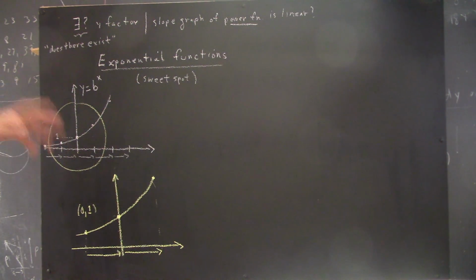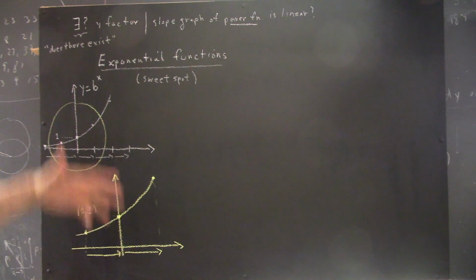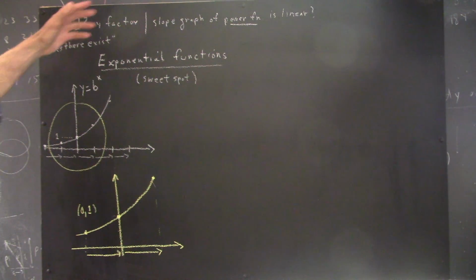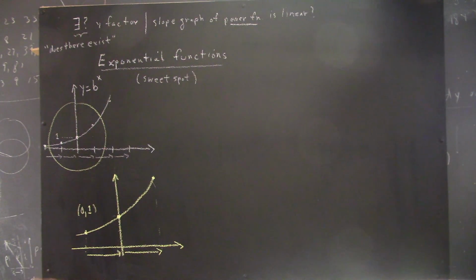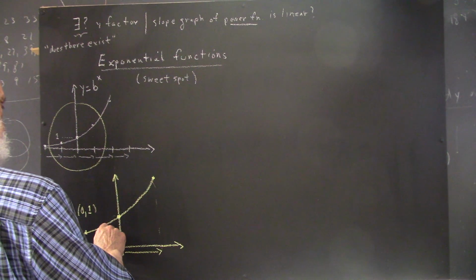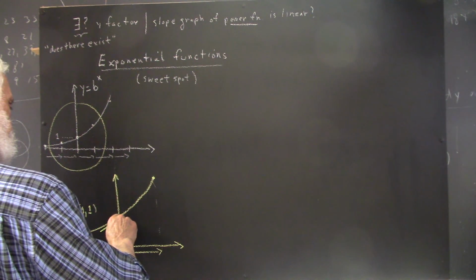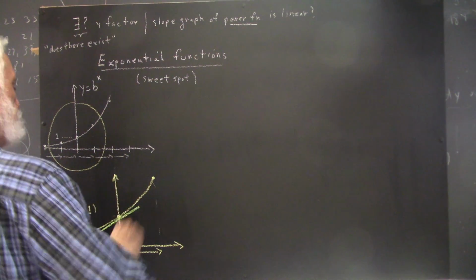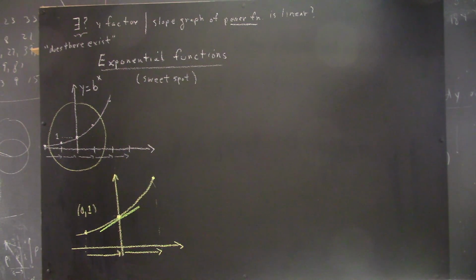Now, as when we talked about a sweet spot for the power function, and we talked about the way the slopes behave, we want to talk about the way the slopes behave here. And there are 3 important slopes. First of all, we have the slope of the tangent line at this central point here. So there's our tangent line.